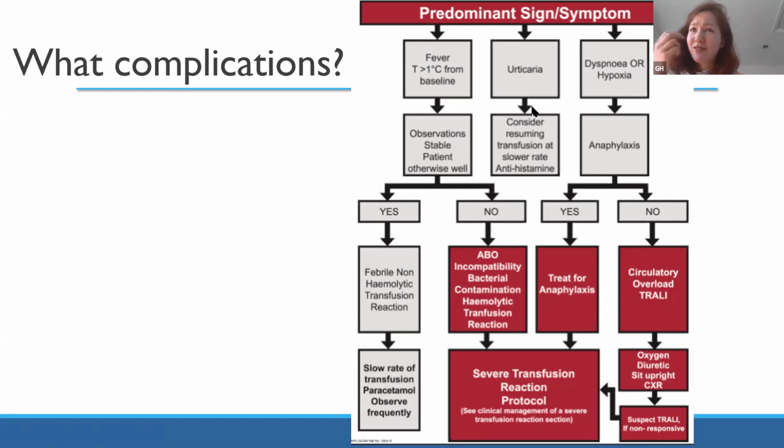If it is just a rash, you should go and review the patient, check the label on the blood bag compared to the patient's wristband and confirm it with the patient as well, ideally, check that they're well, check their obs. But if they are literally just having a rash, otherwise they're completely fine, you can continue the blood transfusion at a slower rate and just give them an antihistamine, chlorphenamine or something.